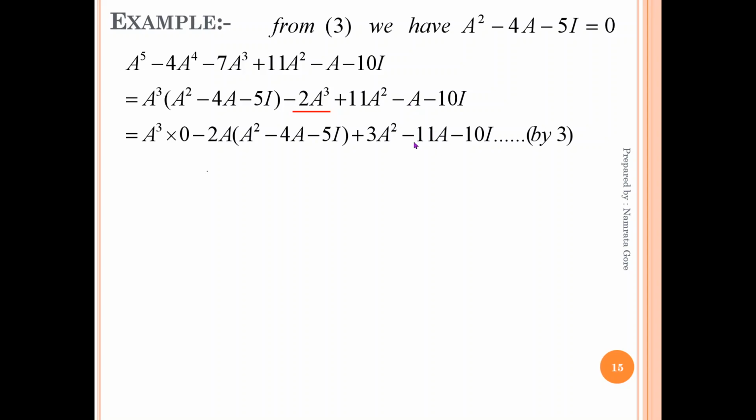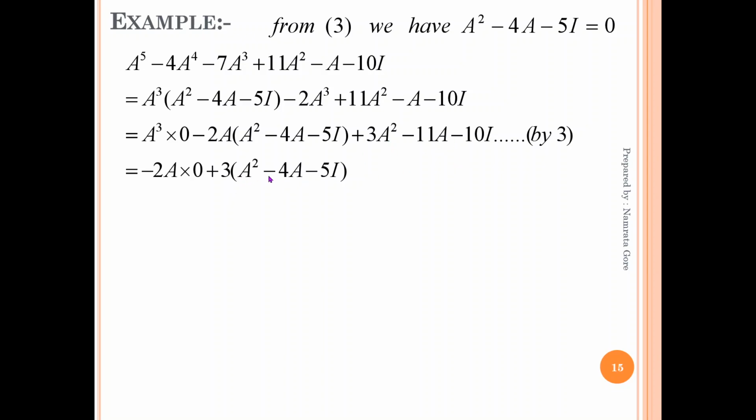So here we have accommodated minus 11A, and we have kept this minus 10I as it is. So now again the term in the bracket over here is 0, and we are left with 3A square minus 11A minus 10I, and out of this now again 3 we have taken common, so that we are left here with A square.